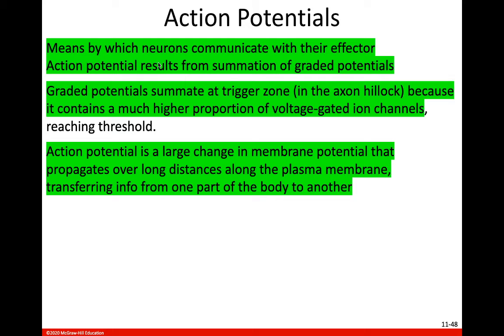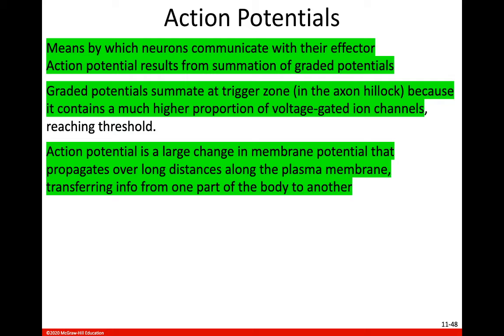So the action potential is the means by which neurons communicate with their effector. They result from summation of graded potentials. So again, if we get enough graded potentials in succession to get us up to threshold, then we're going to get this action potential. Again, remember that action potentials are going to be generated in the trigger zone.